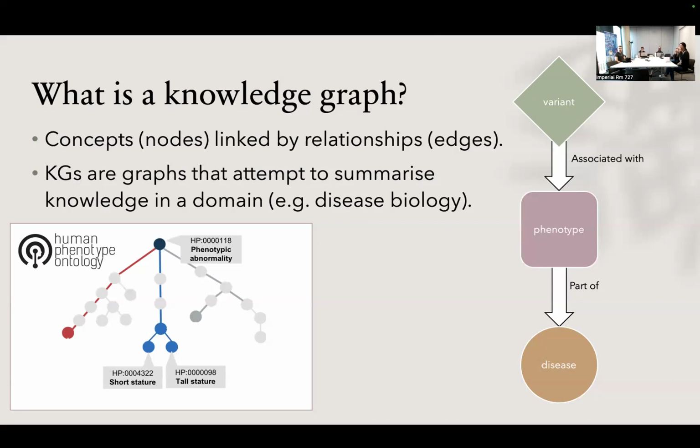And on the left there, we have a very specific case of a knowledge graph, which is an ontology, where all of the nodes tend to be of one type, where, in this case, in the human phenotype ontology, they're all different phenotypes, and they are constructed hierarchically, but fundamentally that is still just a graph, where you start with terms that are very general and then move your way down to more specific terms.